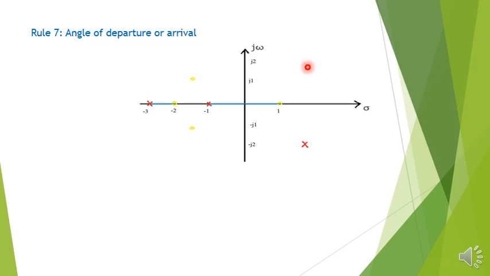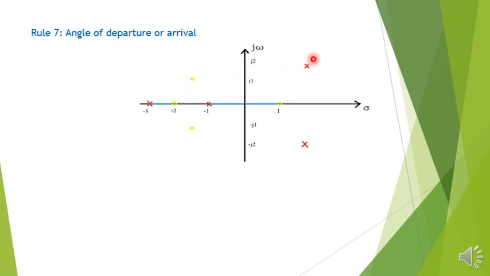The question arises: at which angle does the branch start from this pole? It may start at 0 degree, 90 degree, 180 degree, 270 or 359 degree. So there are 359 directions possible. Similarly for this open loop zero, these are the terminating points. There are 359 terminating possibilities.